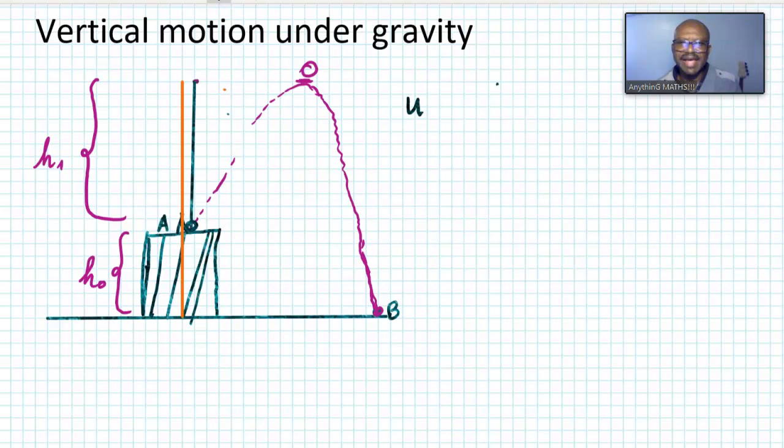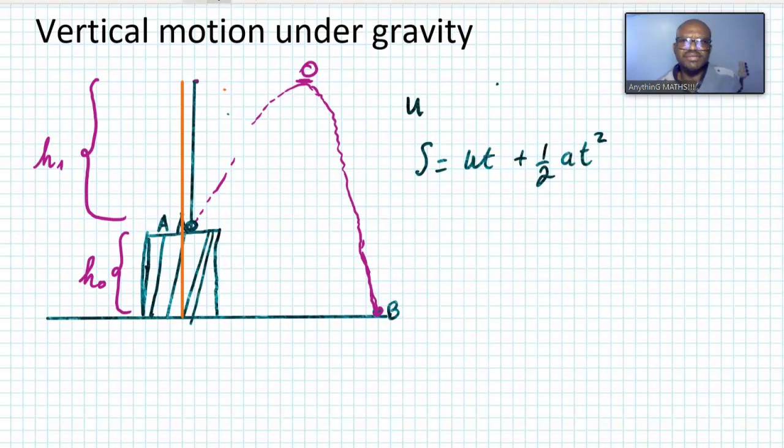It goes from A to point O and comes back to A, so the displacement is 0, and it goes further h0, so the displacement will be negative h0. So the equation that we want to use is x equals ut plus half at squared.